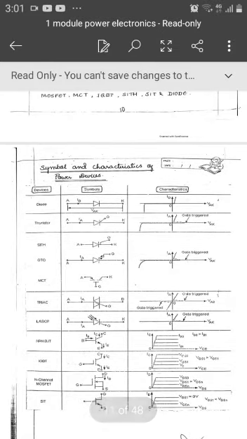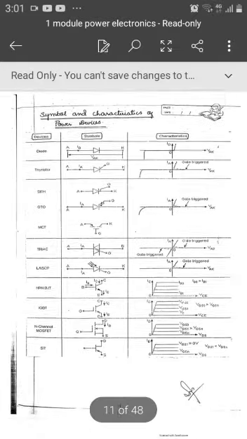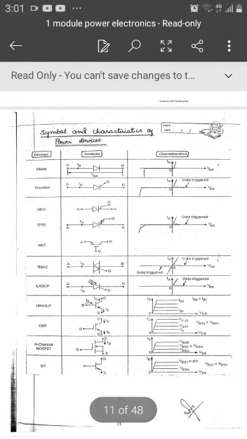Next one, that is the GTO. It is similar to SCR but can be turned off by the gate terminal. Thus, the gate has full control over the conduction of the thyristor. GTO does not require any external circuit.